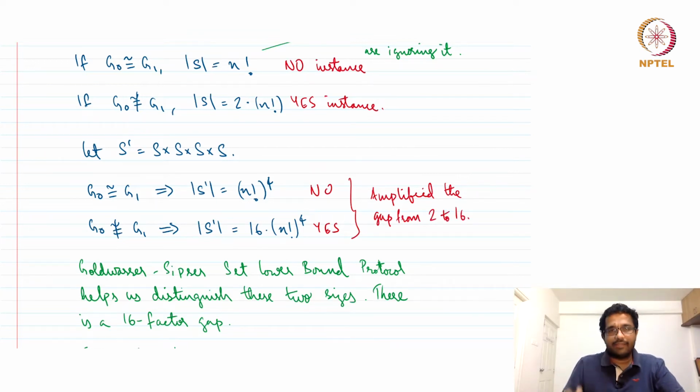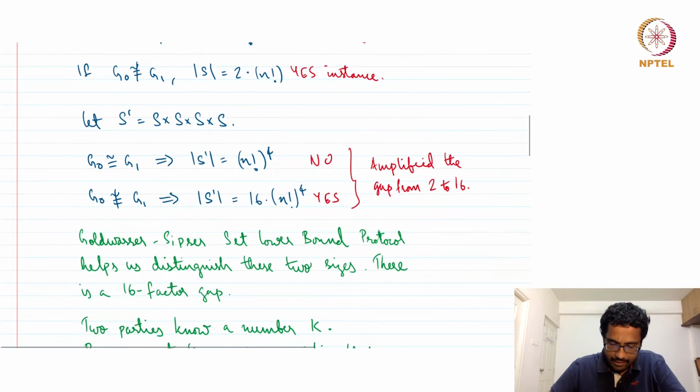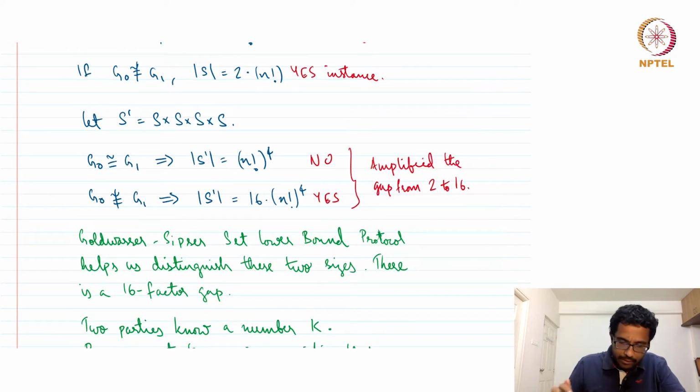This is a bit convenient. Even with 2 I think you can reason a proof, but a bigger gap makes for an easier explanation. And the protocol that we will see is called the Goldwasser-Sipser set lower bound protocol.